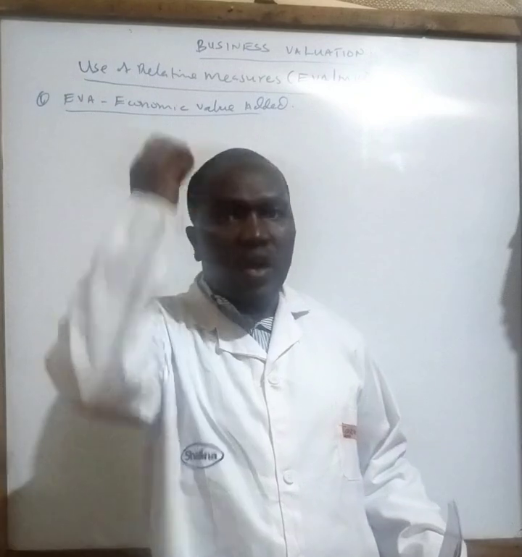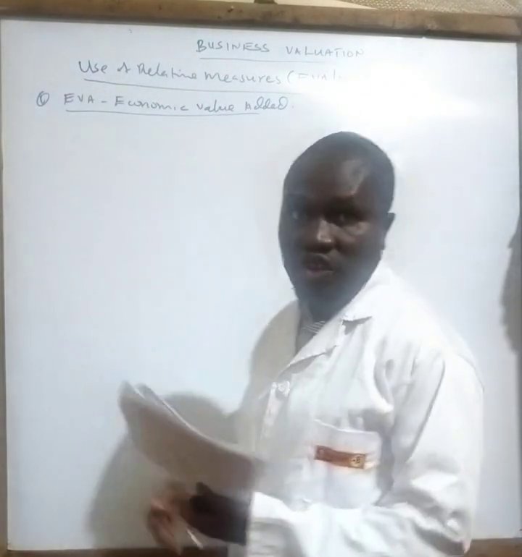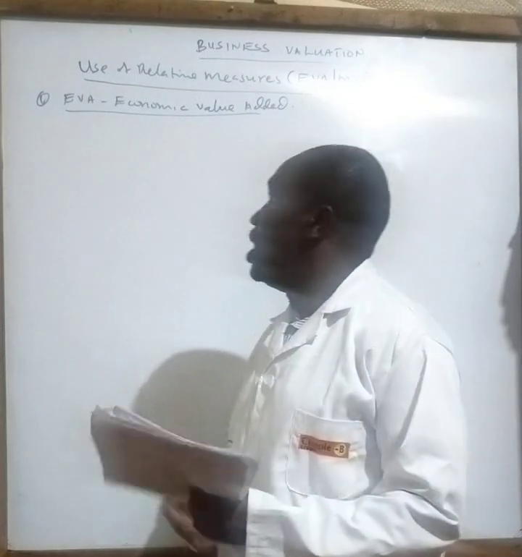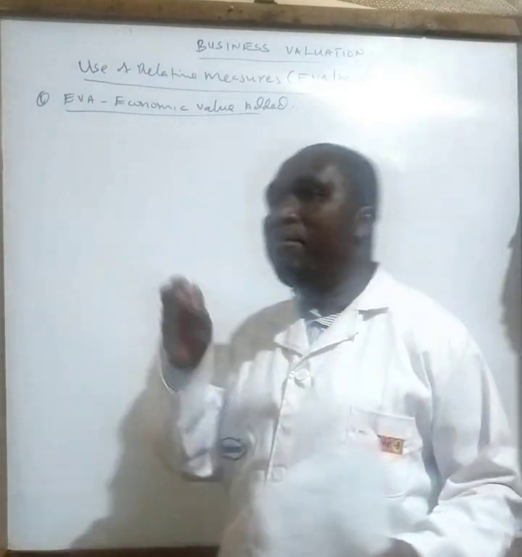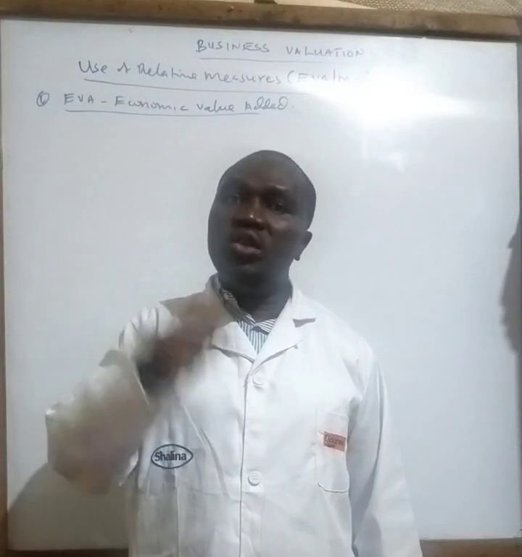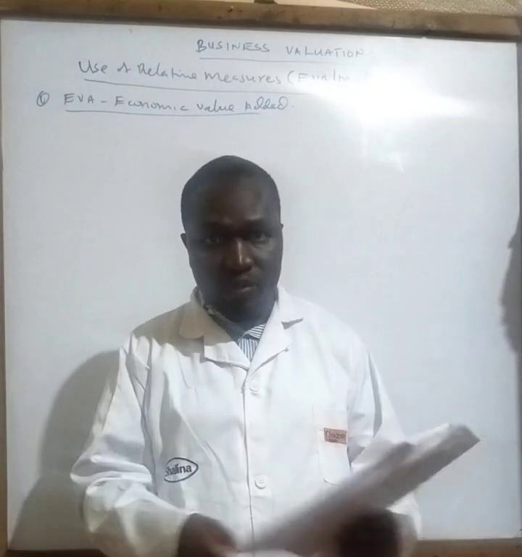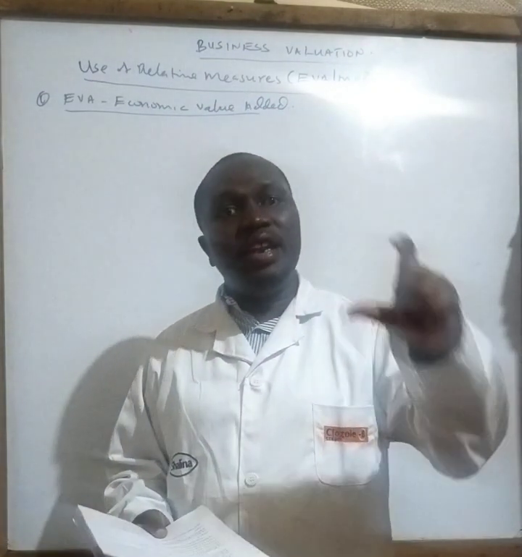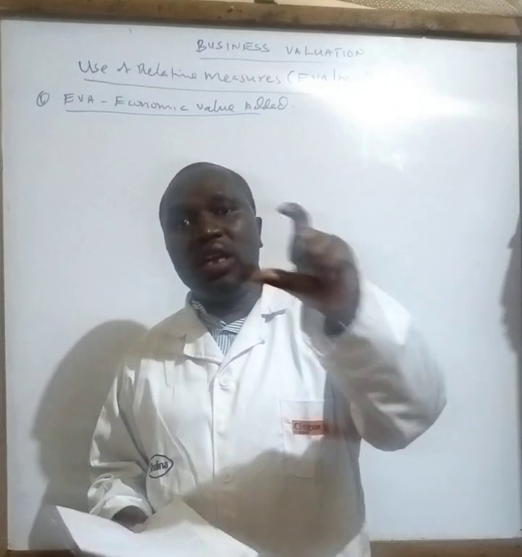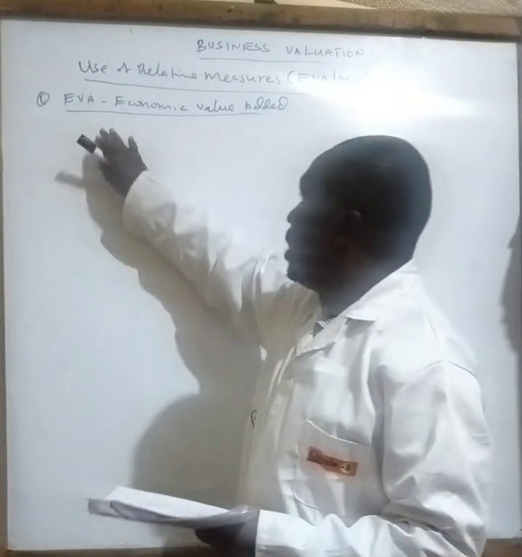For us to get the correct figure, we need to use what they call economic value added. So what is economic value added? Economic value added is an income in which a company has earned more than the required rate of return. If the company has earned an income that is more than the required rate of return, that net difference is what they call EVA.